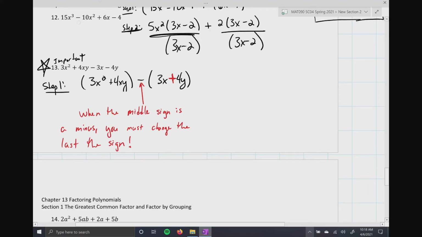That is going to be the number one mistake that you will make when you're doing these problems. You will group, and if that middle sign is a minus and you don't change that last sign, it's going to be game over for you. Okay? Now watch what happens in step 2.